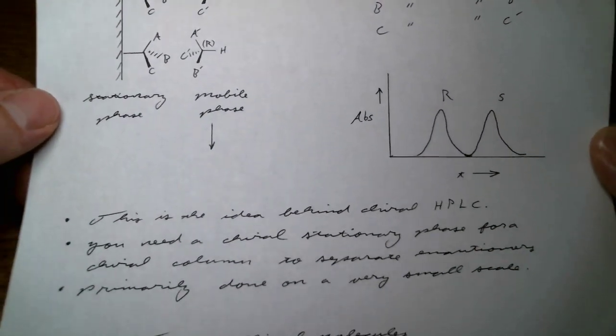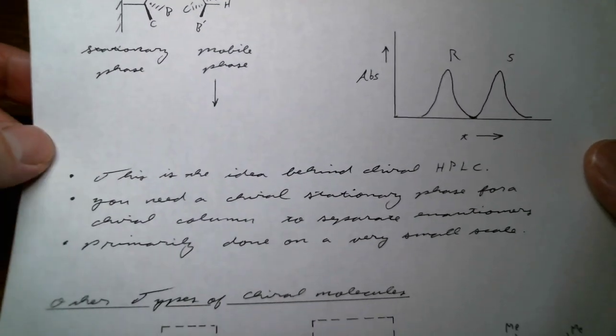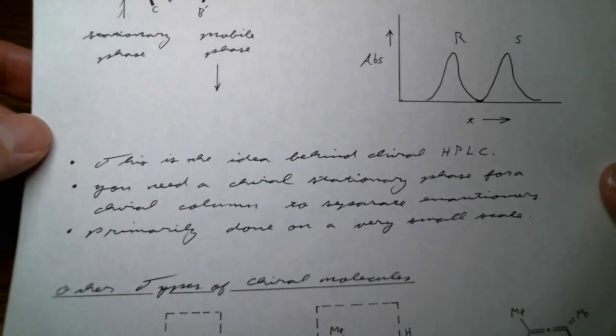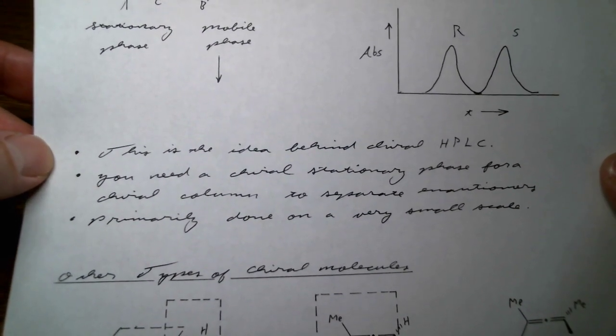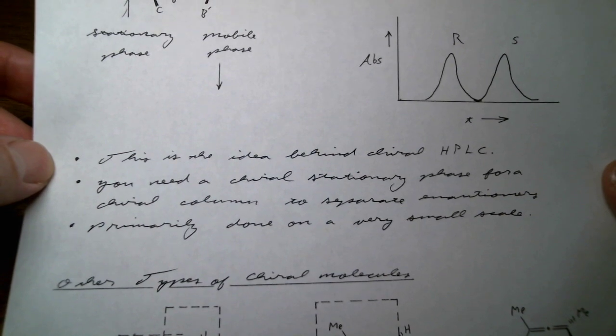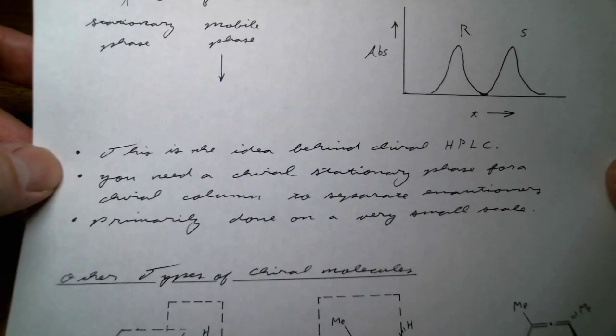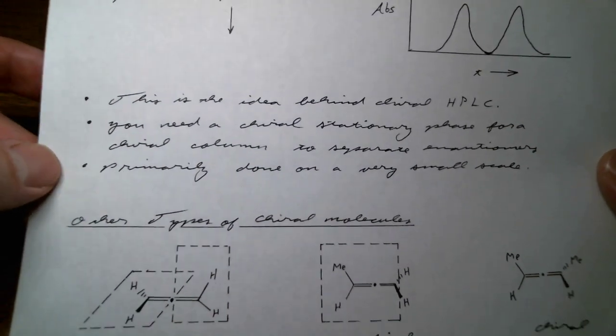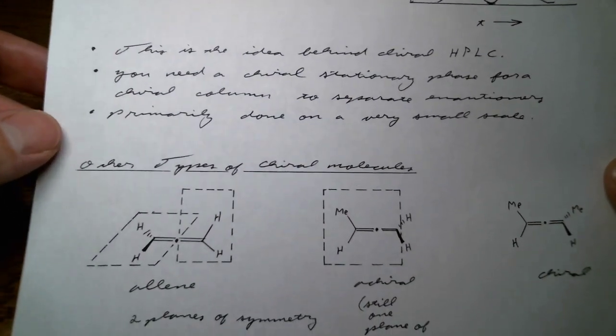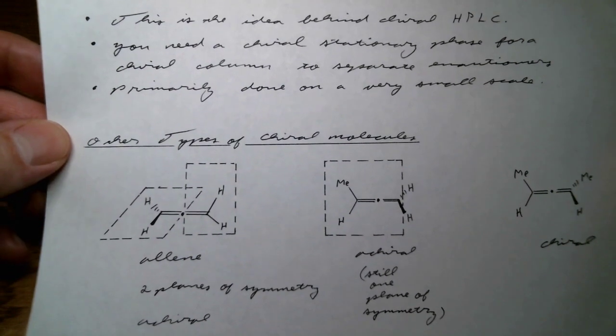So that's the idea behind chiral HPLC. You need a chiral stationary phase for a chiral column to separate enantiomers. It's primarily done on a very small scale, although you could have preparative gram scale quantities separated in this manner these days.